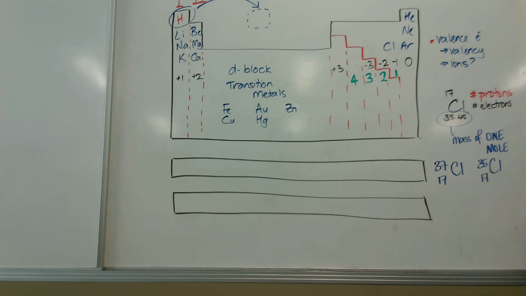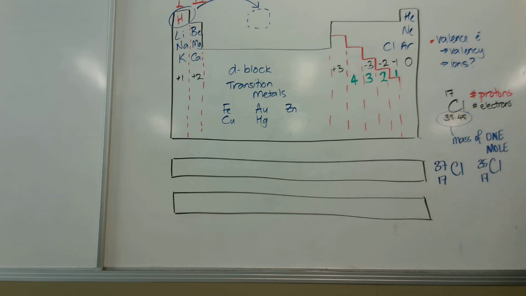These are the two stable isotopes of chlorine. What that means is that this chlorine atom here has got 37 things in the nucleus. This one has only got 35. I know from the 17 that 17 of those things are protons. So the other 20 are neutrons. In this one, 17 of those things are protons. The other 18 must be neutrons.